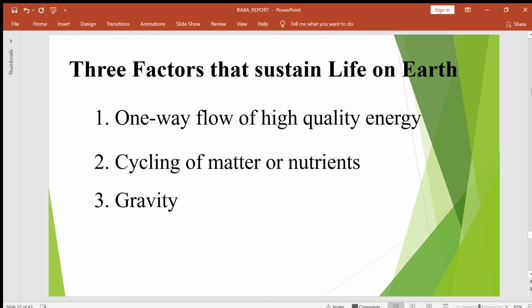Life on Earth depends on three interconnected factors that sustain life on Earth: the one-way flow of high-quality energy, the cycling of matter or nutrients, and gravity.